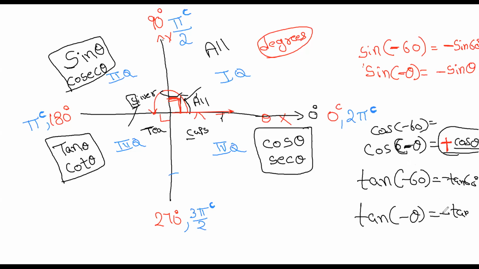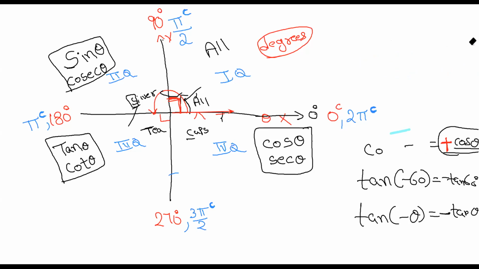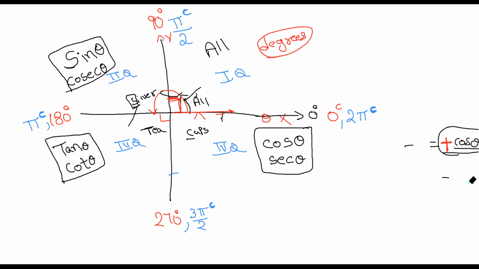That's why minus, and tan theta as it is. So from this, what we learn? Sine of minus theta equals minus sine theta. Cos of minus theta equals cos theta. Tan of minus theta equals minus tan theta.